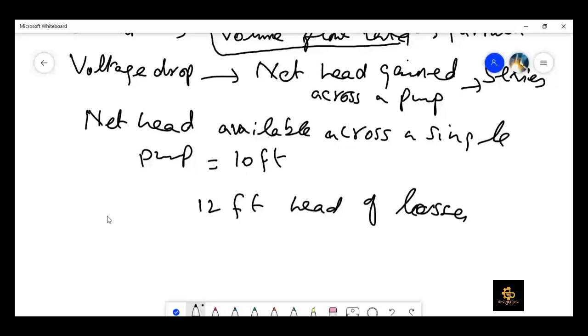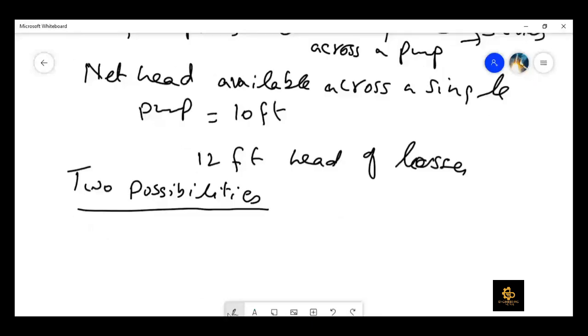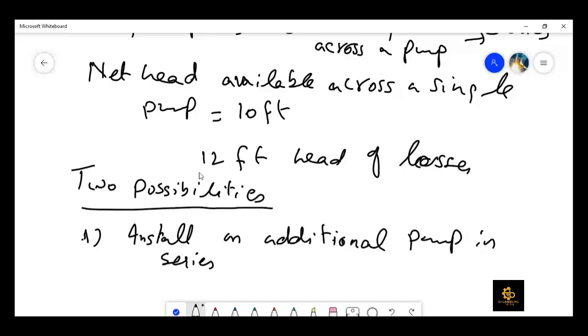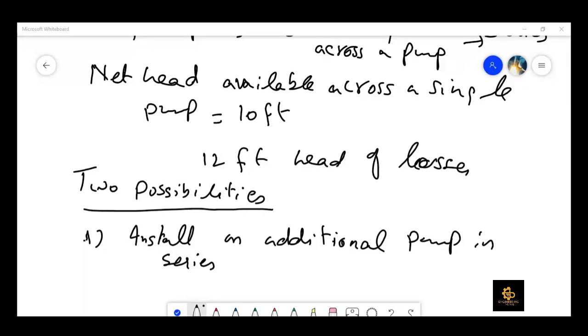So we have got two possibilities, right? One is that we install an additional pump in series. But here, because 10 feet is already being provided, we only need 2 feet. So the additional pump which would be installed would be a little bit smaller in size, right?